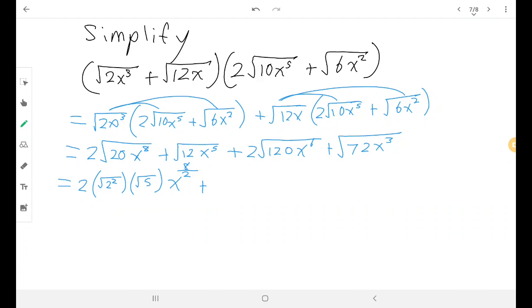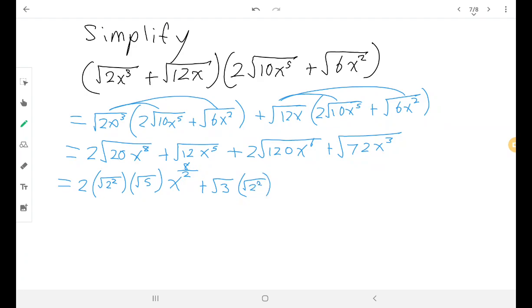Plus. So there's just this first one broken down as much as I can so I have lots to look at. Plus, let's look at 12. 12 is 3 times 4, and 4 is 2 squared. So let me call the 12, let me call that square root of 3 times square root of 2 squared.